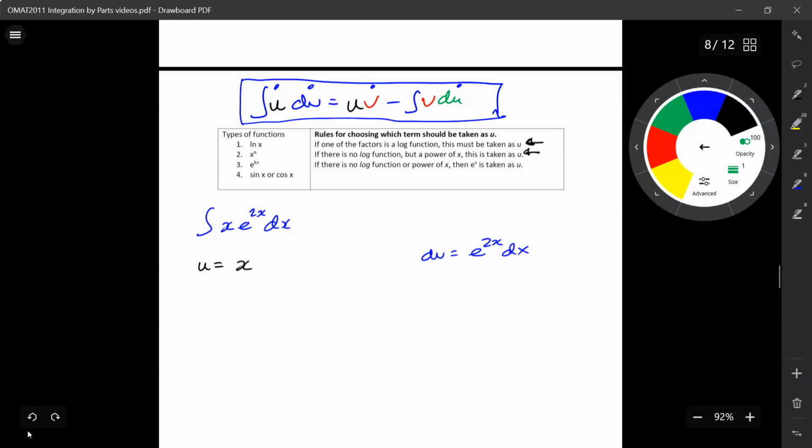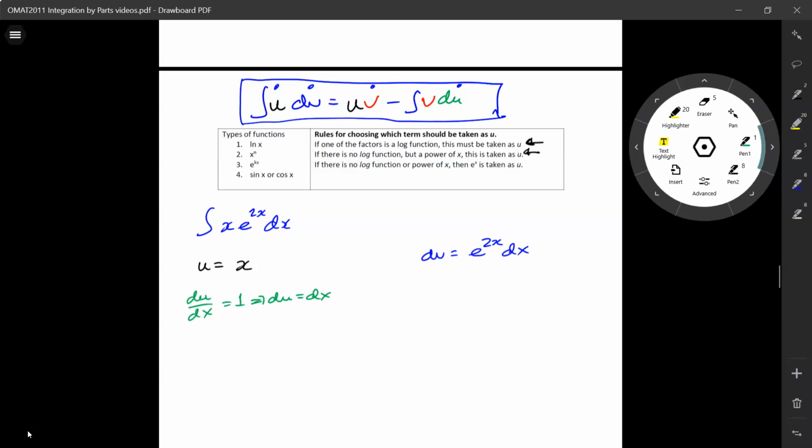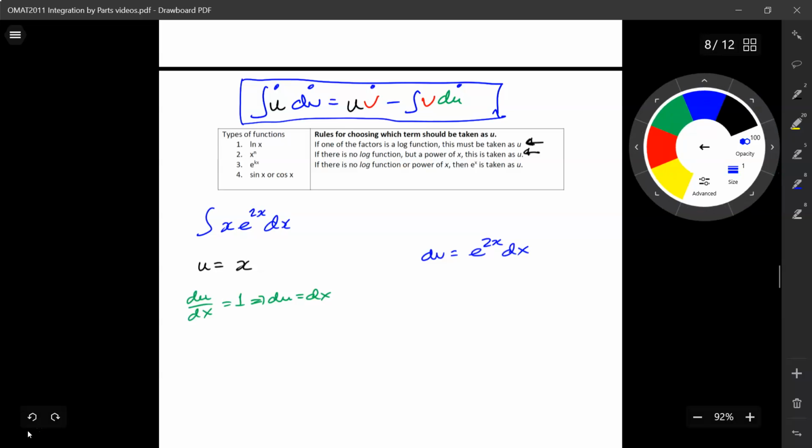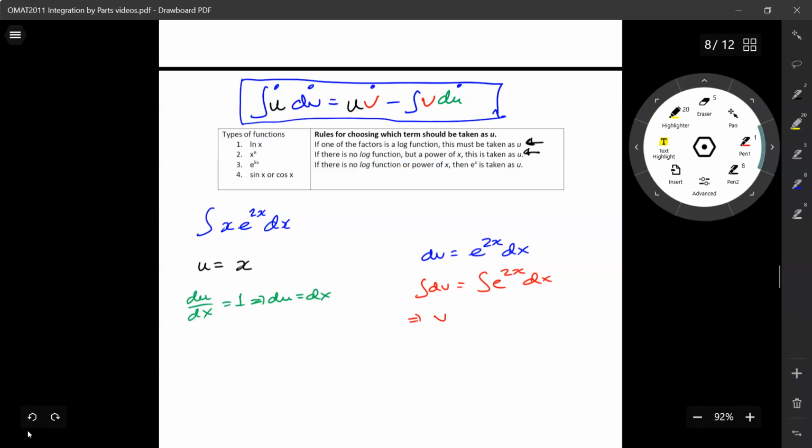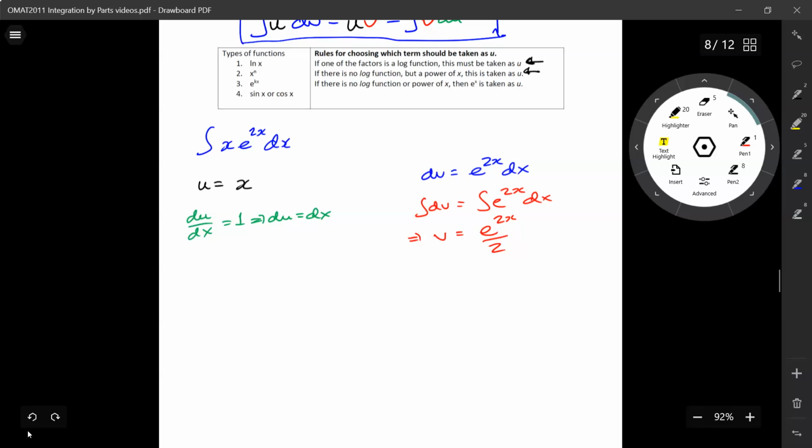If we come along on the left hand side, we differentiate u, so we get du dx is 1. That implies that du is equal to dx, which we're going to need for our formula. On this side, we can integrate both sides because we're looking for v. So I apply the integral sign to both sides. That implies that v is equal to exponential of 2x divided by 2. So now I have the values that I need to plug into the equation.